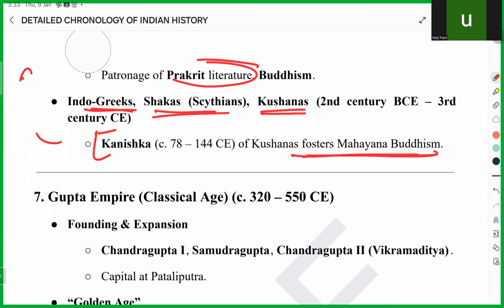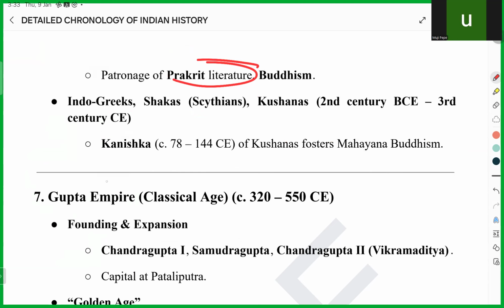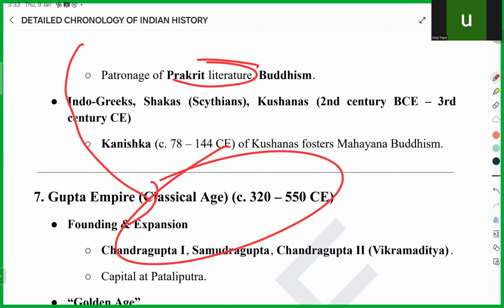This whole Sakas and the Kushanas, they were northwesterners. They came from Central Asia. The Scythians, these people were basically Central Asian migrants. They came from the north towards India, and they dislodged whosoever was ruling at that time. Okay.